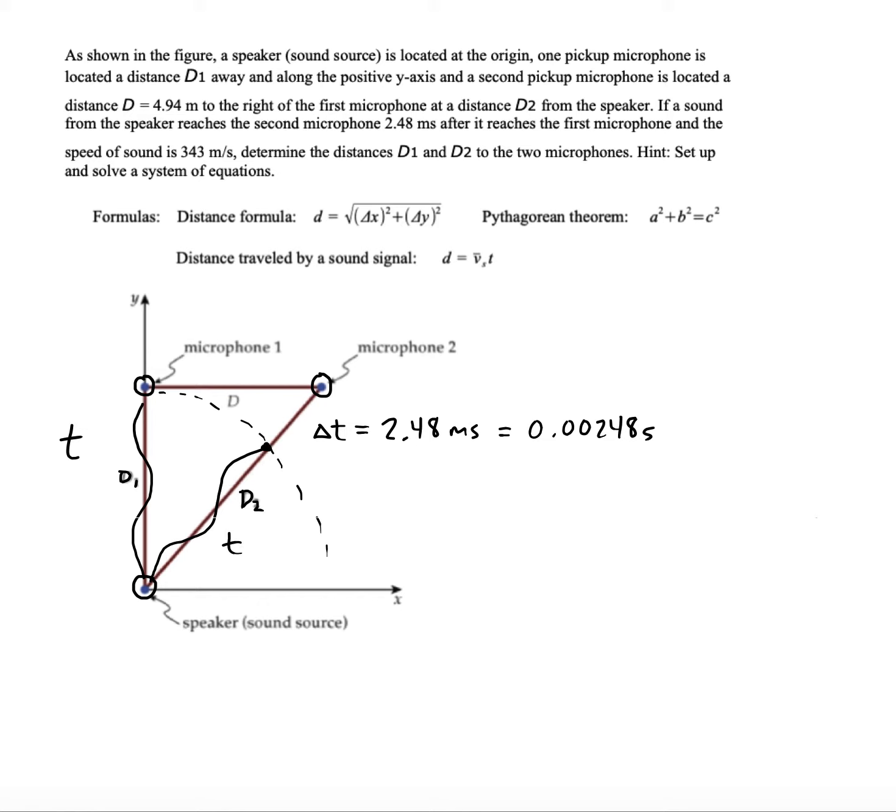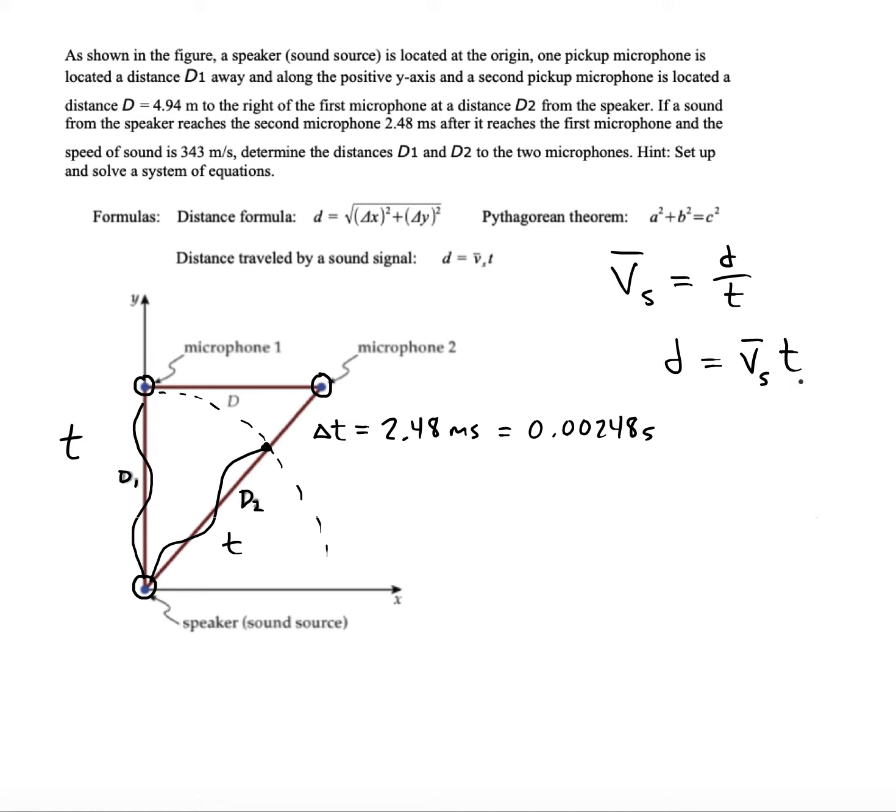Now we have the formula for speed, which I said earlier was average speed is going to be the distance divided by the time. Sometimes we'll use the letter S, some problems use the letter D though. But if we rearrange that, then we see that the distance can be the speed times the time.